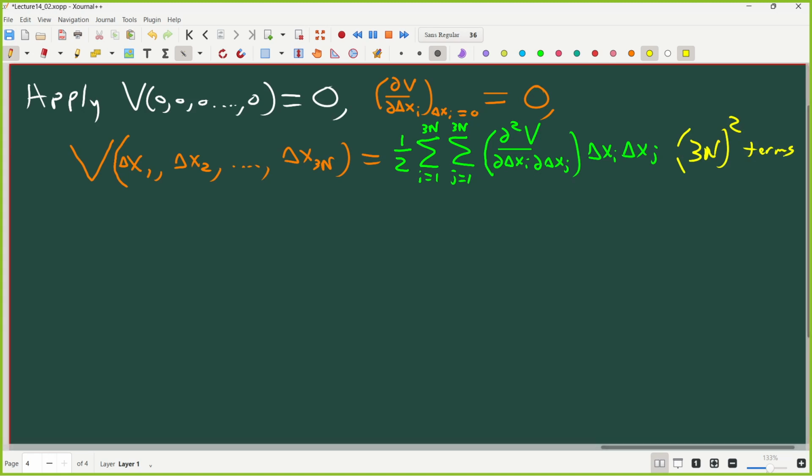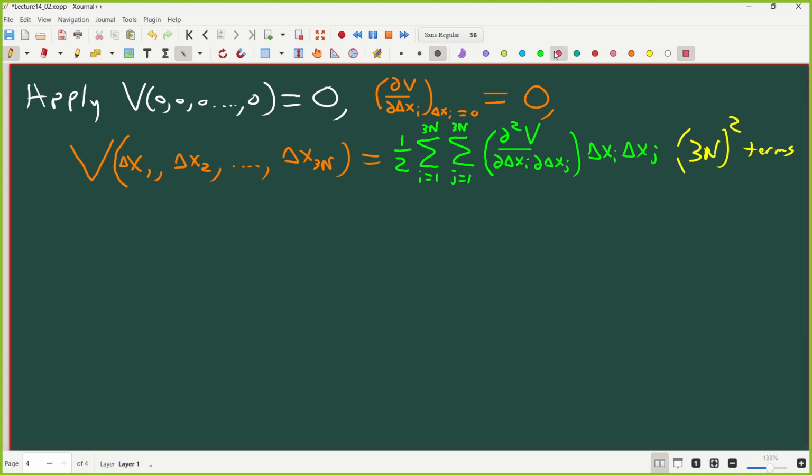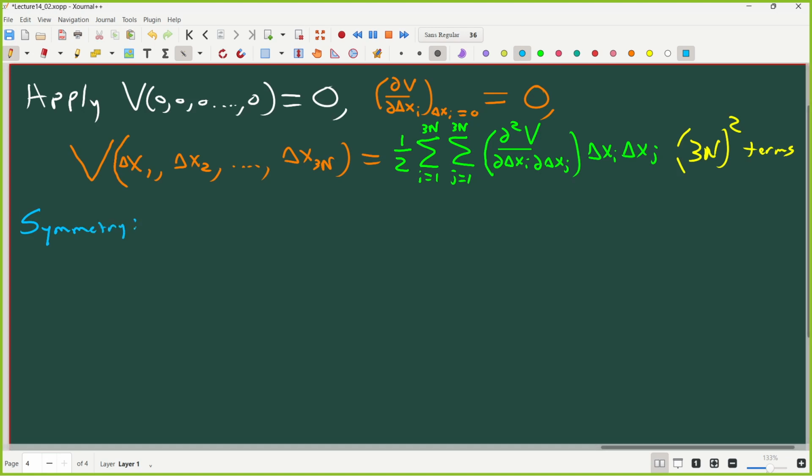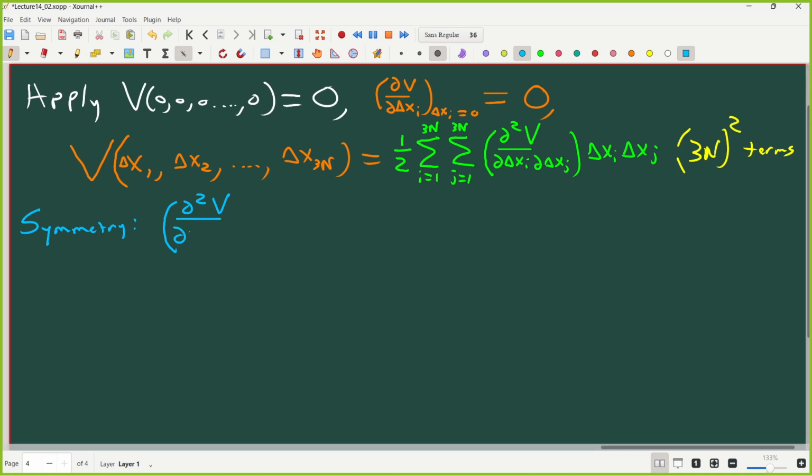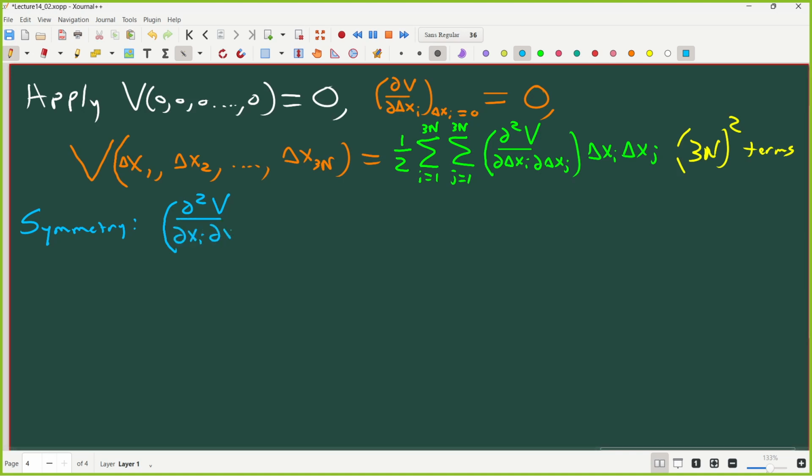Okay, so I'm just going to do a little bit of simplification now. But here's the important distinction. There's a symmetry here, a symmetry of second derivatives of multidimensional functions, but it's not too hard to see. If we take the derivative of the potential with respect to one coordinate and then with respect to another, that's the same as doing it the other way around.